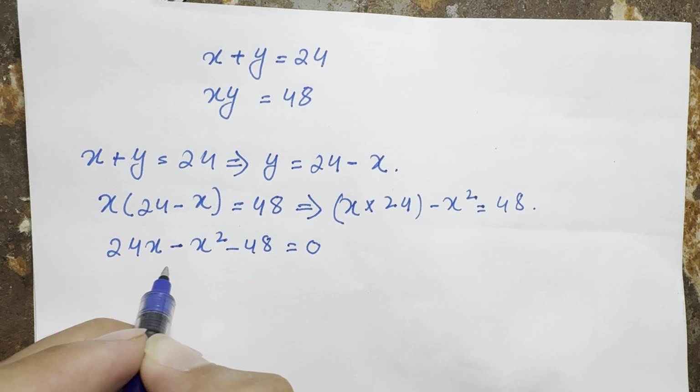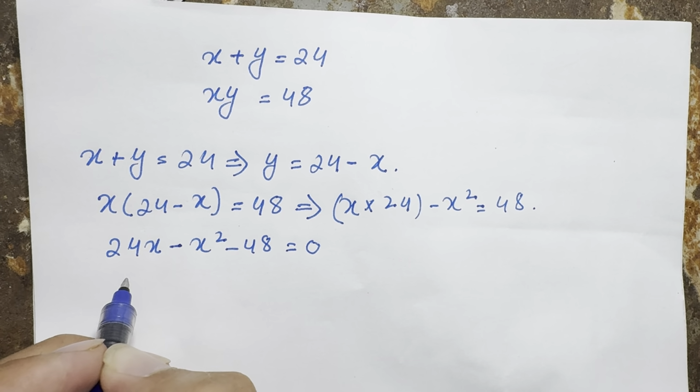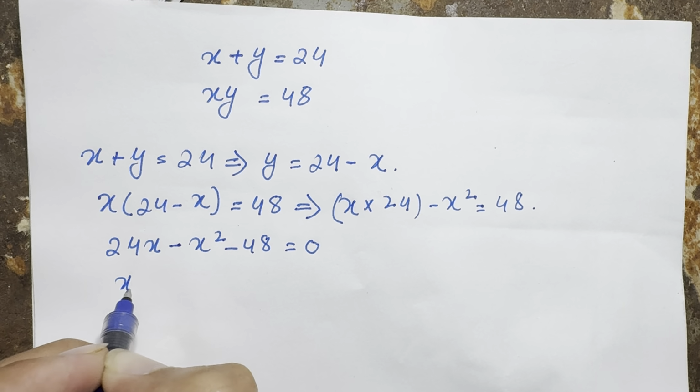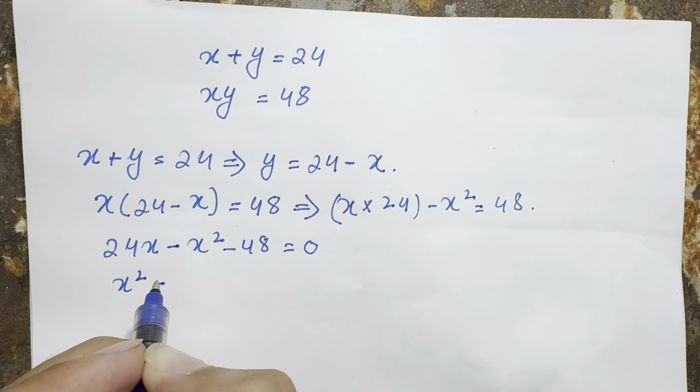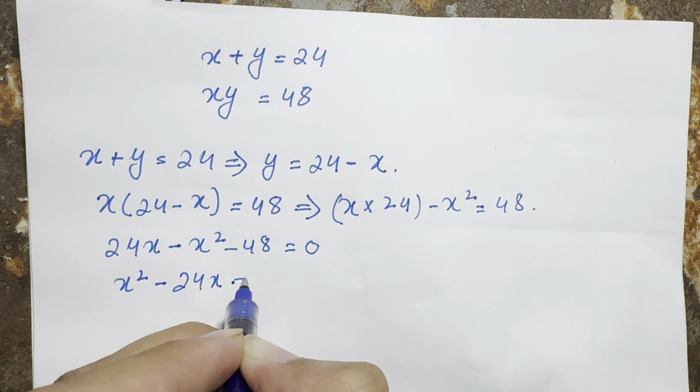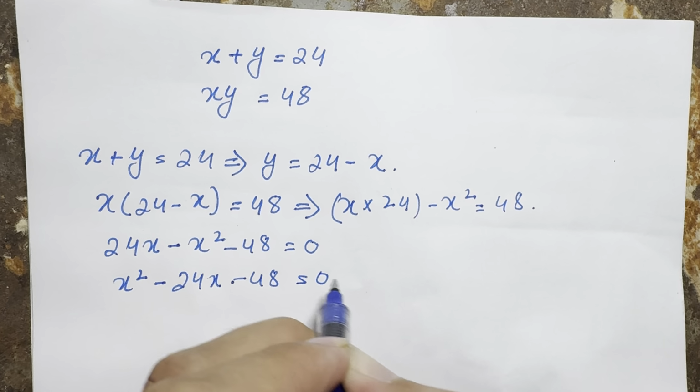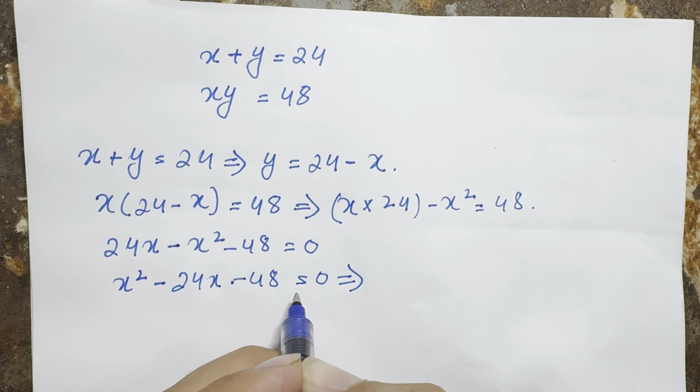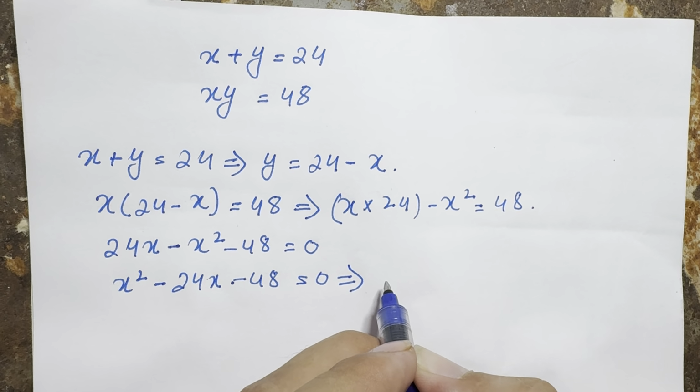Okay, so both sides multiply by negative sign, so it will become x square minus 24x plus 48 equal to 0. So it can be solved by quadratic equation.